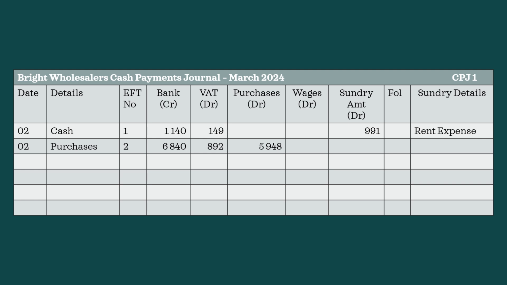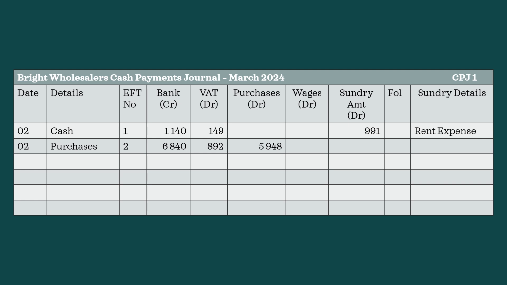Again, here is the cash payments journal. We again start with the date on the left, details about the transaction, the EFT number, which usually should follow on each other because you would pay one account after the other. We have the bank that's credited because now we're paying someone else, VAT, purchases, wages, sundry, with all their details as well.